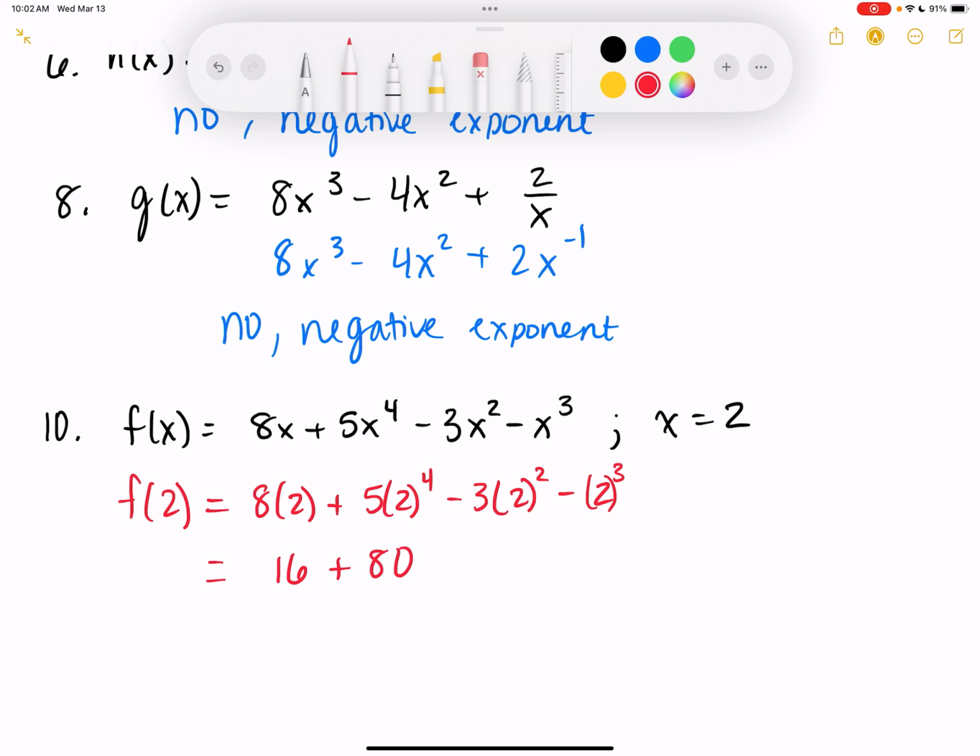Minus 3 times 2 squared, 12. And minus 2 cubed. So then what is this equal to?